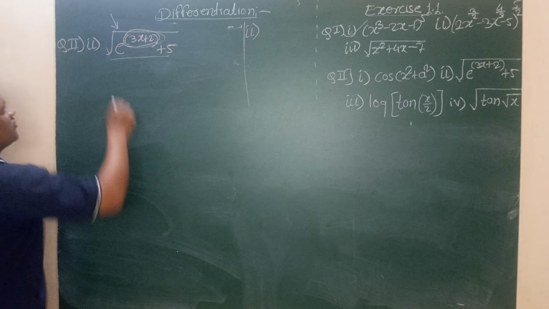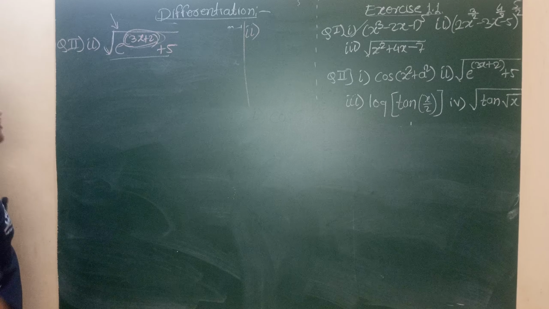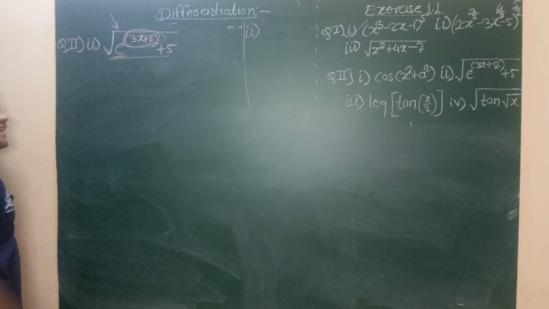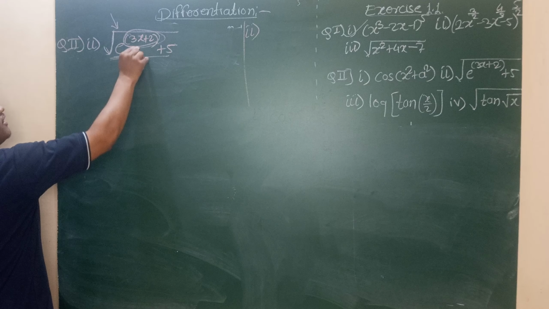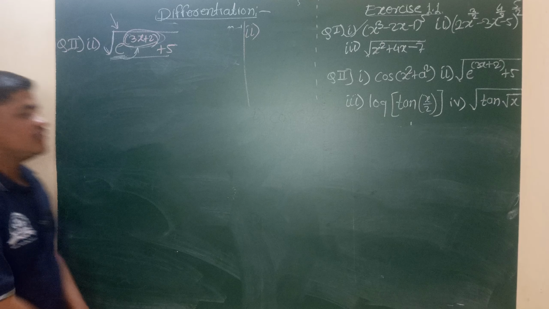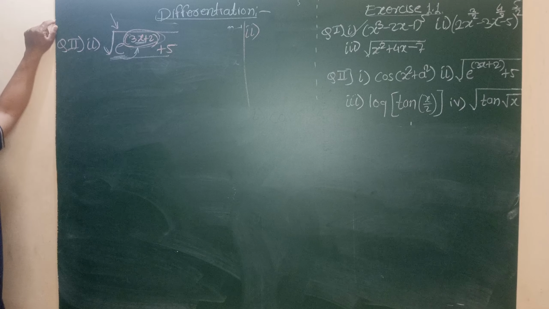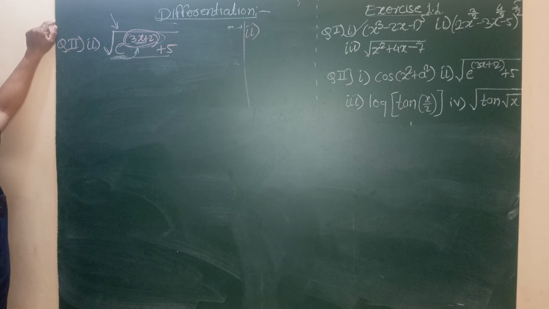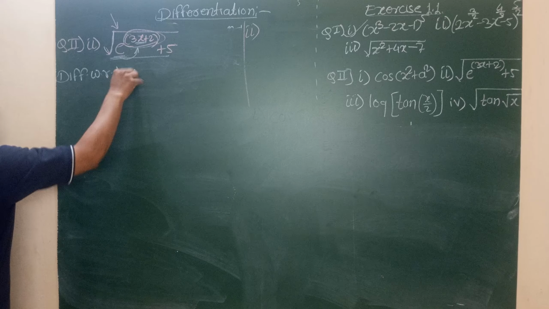That means first of all solve the square root, applying the square root formula. After that, apply the exponential formula. At the end of the question, we apply the algebraic function formula. The function inside, which is variable x, we differentiate with respect to x here.